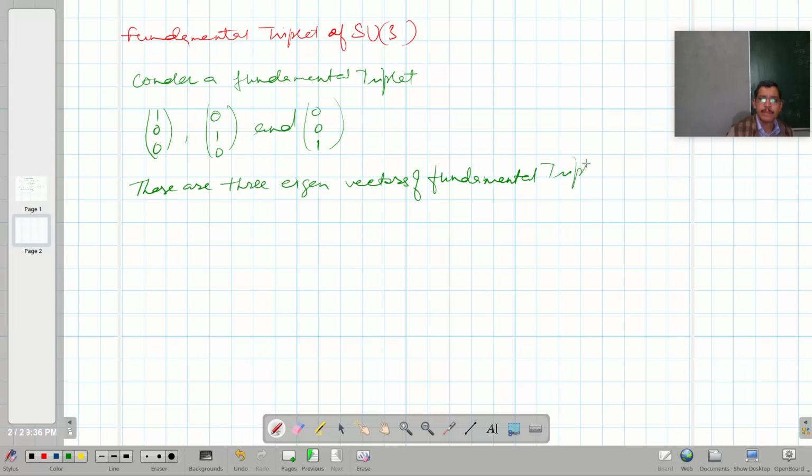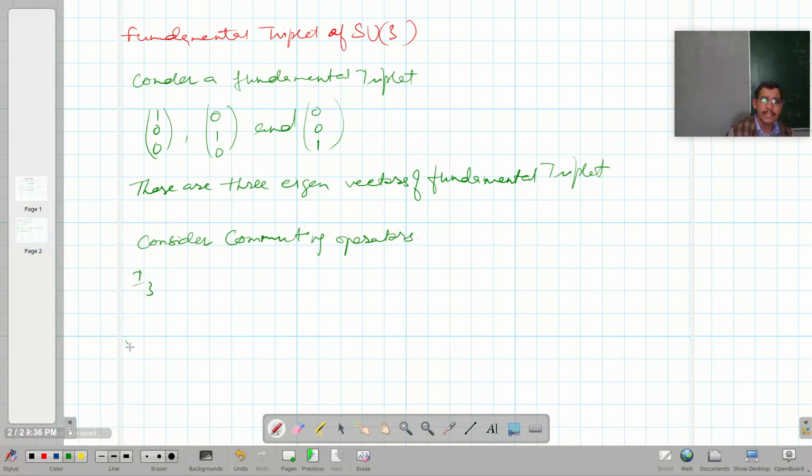So now consider commuting operators, that is I3 and Y.